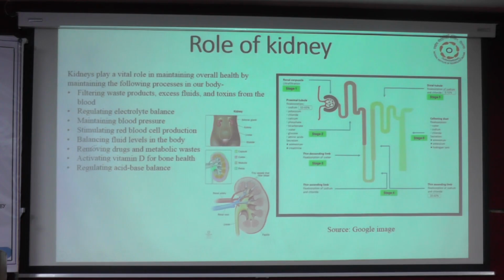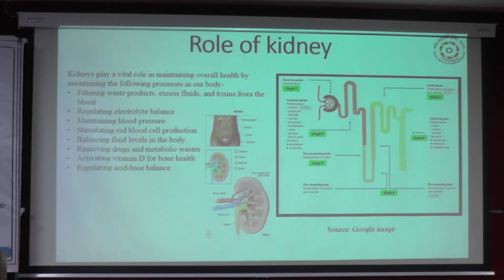These are the roles of the kidney, already explained by Bodies, and you can see there are so many: filtering waste products, excess fluids and toxins, electrolyte balance, blood pressure maintenance, red blood cell production, balancing fluid levels, removing drugs and metabolic waste, and regulating acid-base balance. All these functions are very important to maintain our body in a stable condition.